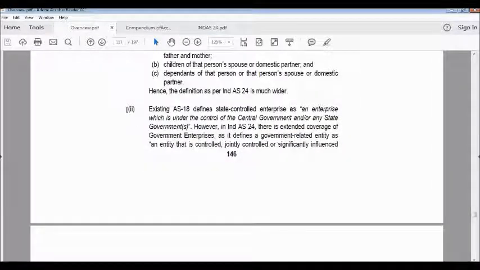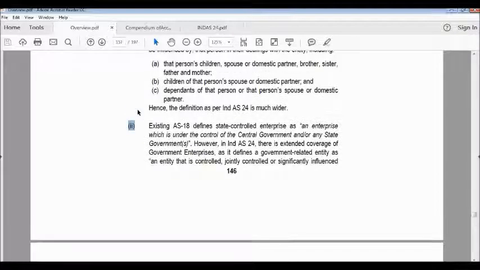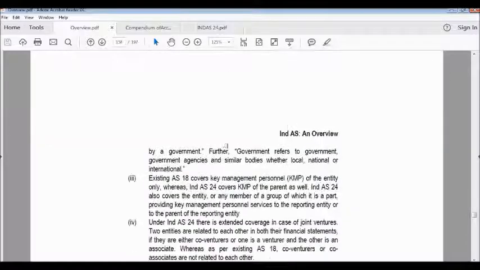Now we should look at the second paragraph which we have left. Existing accounting standard 18 defines state controlled enterprise as an enterprise which is under the control of the central government and or any state government. However, in Ind AS 24 there is an extensive coverage of government enterprises, and it defines a government related entity as an entity that is controlled, jointly controlled or significantly influenced by the government.